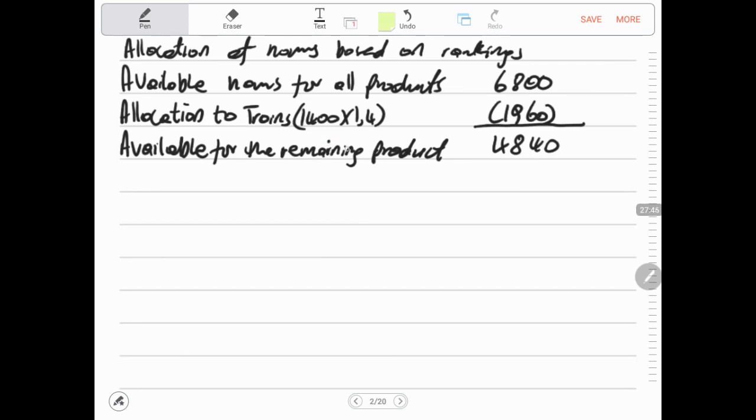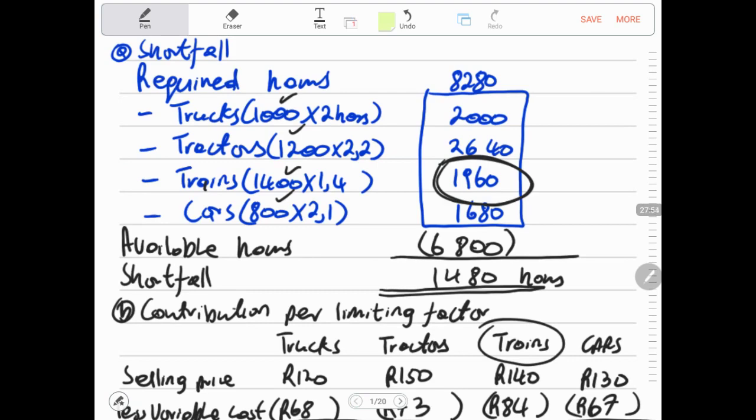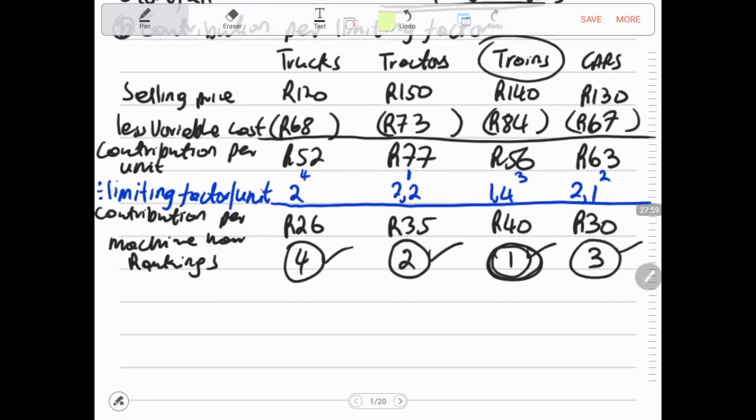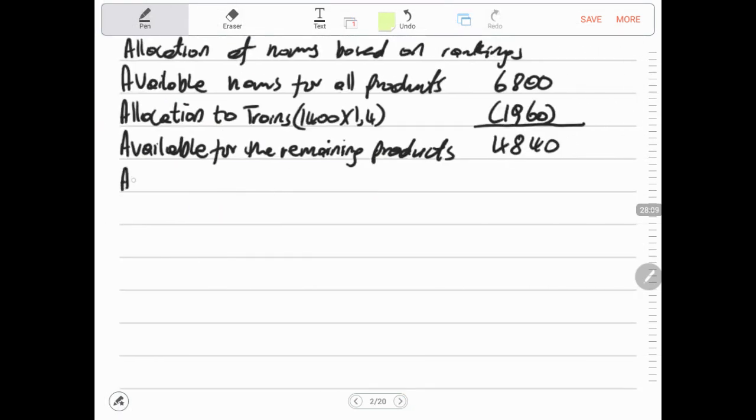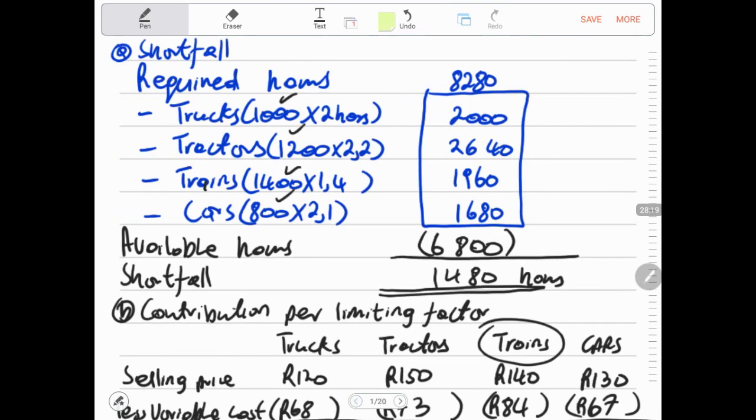So if this is what is available for the remaining products, then we can allocate to the product that was ranked second. The product that was ranked second per limiting factor, meaning machine hours, is tractors. Then we say allocation to tractors. How many hours do tractors require? 2,640.